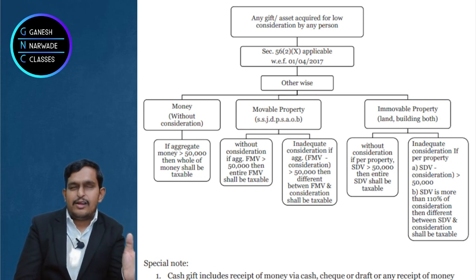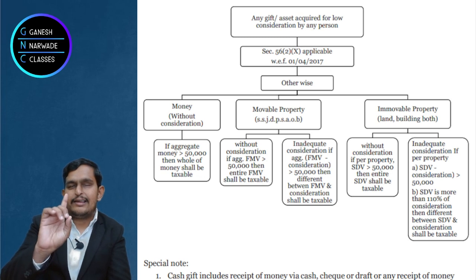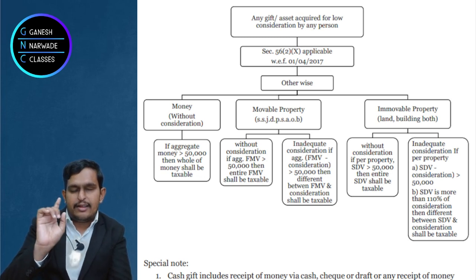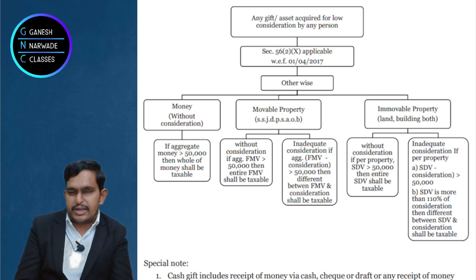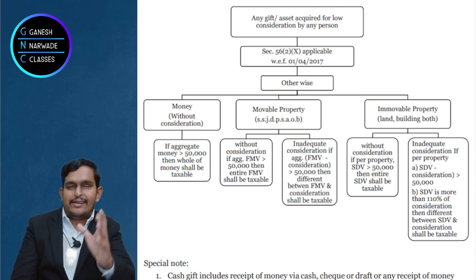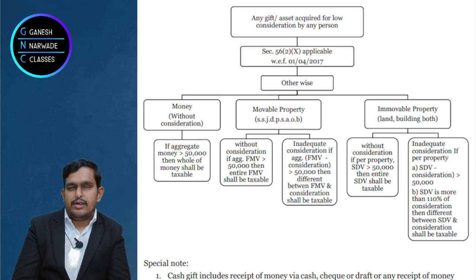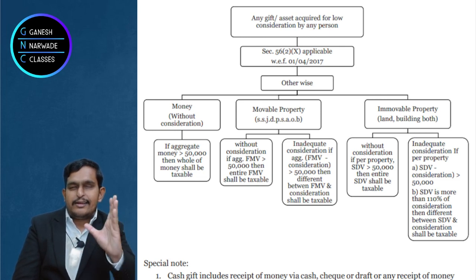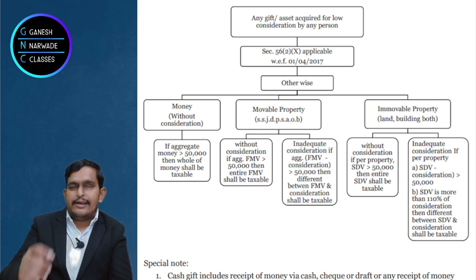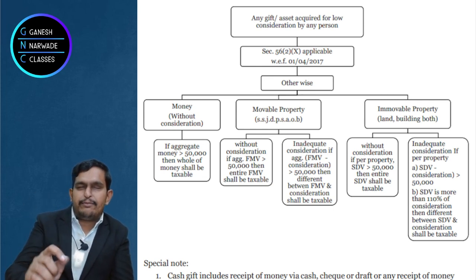So for cash and for movable, the aggregate is checked, and only for immovable, only a single asset gift is checked. A single immovable property will be checked for the 50,000 limit. Now for cash, there is a separate 50,000. All cash gifts together, a separate 50,000. All movable properties aggregated together, a separate 50,000. But for immovable property, each item has a separate 50,000.